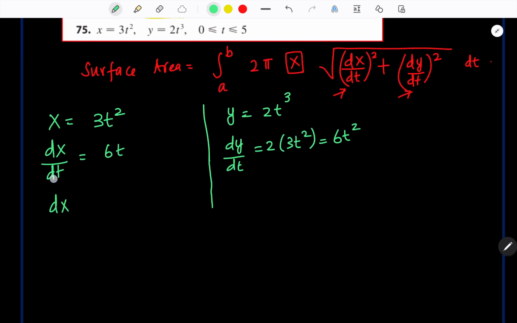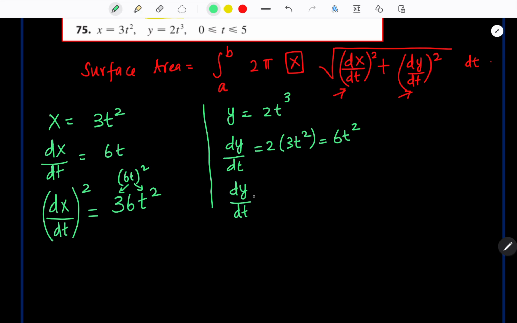So (dx divided by dt) the whole square is equal to 36t square, because 6t the whole square is 6 square, which is 36, and t square. Next, (dy by dt) the whole square is equal to (6t square) the whole square, which is equal to 36t power 4.